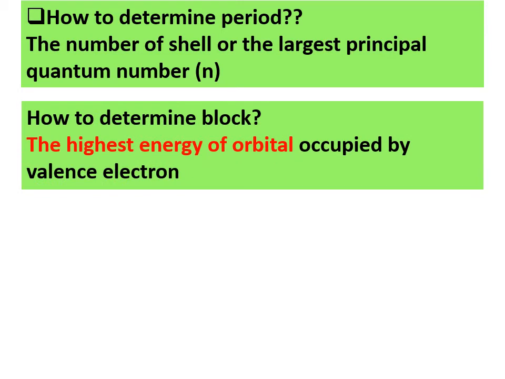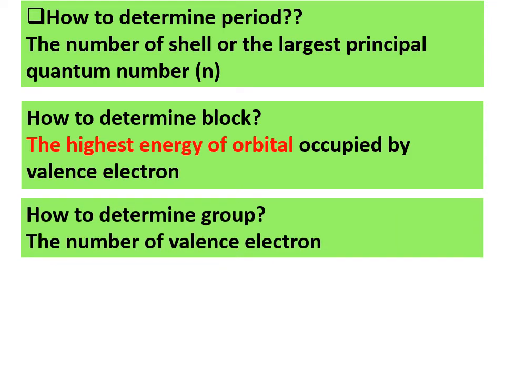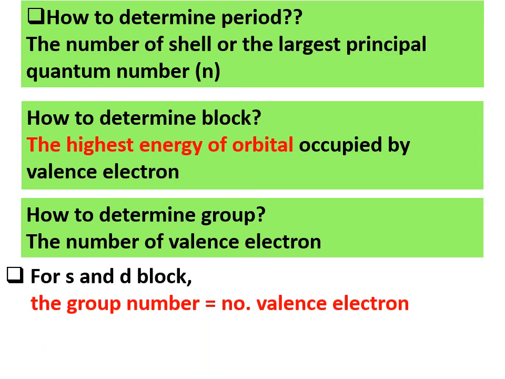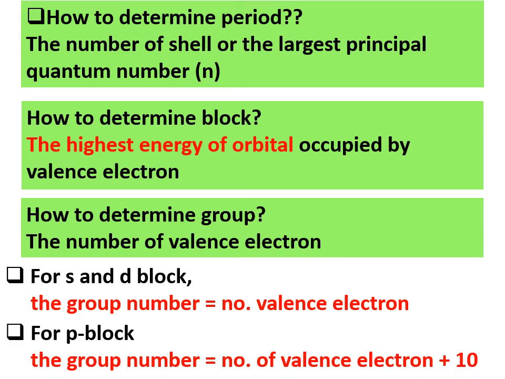To determine the block, it is based on the highest energy orbital. And group is based on the number of valence electrons. If the element is in S block or D block, the group number is equal to the number of valence electrons. If the element is in P block, the group number is the number of valence electrons plus 10.